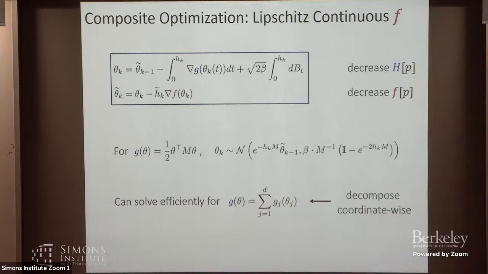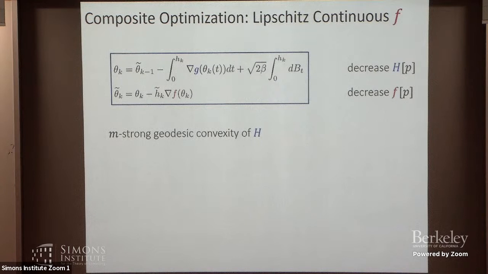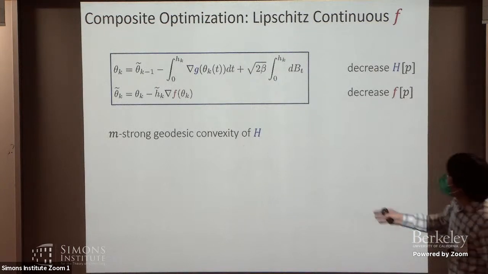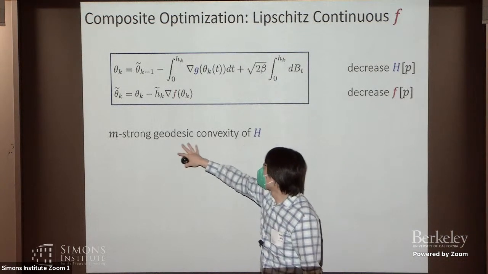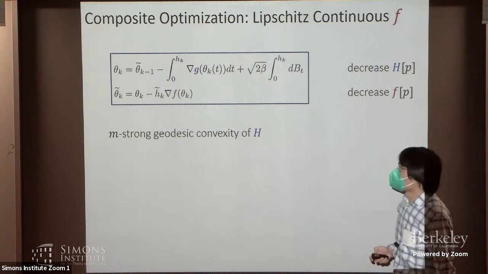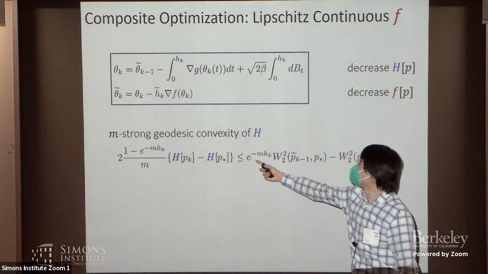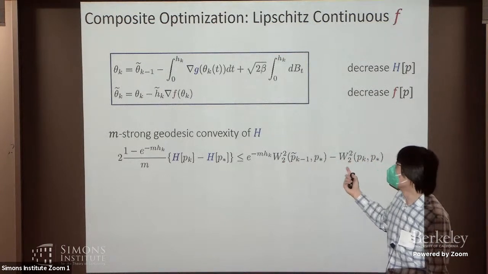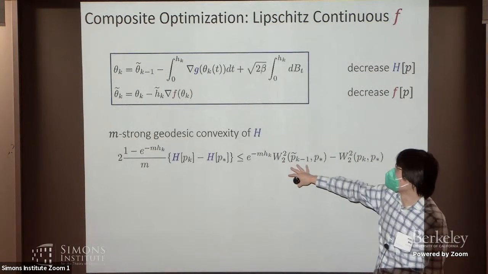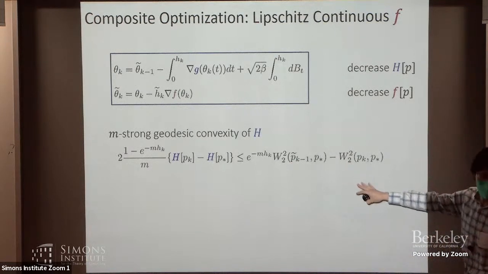So under this setting, we can solve pretty easily, and we now have a strong geodesic convexity of this regularized entropy. So we'll have this exponential convergence now if we only look at the convergence in this regularized entropy.